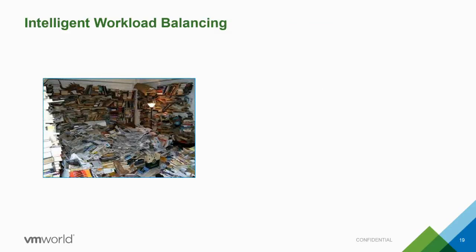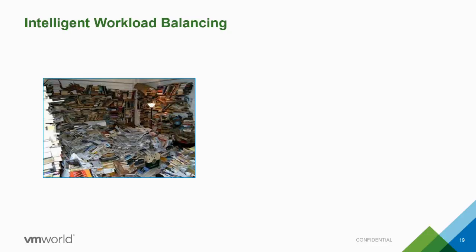All right, I'm a marketing guy. I like showing pictures. Sometimes they are pretty pictures, sometimes they are not as pretty. Why am I showing you this? Well, the idea here is to give you a quick analogy: think about your data center as a library. This doesn't really look like a library, but believe me, at one time it used to be.